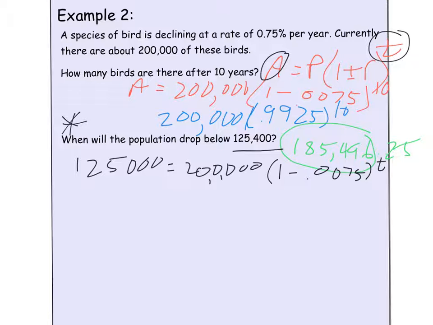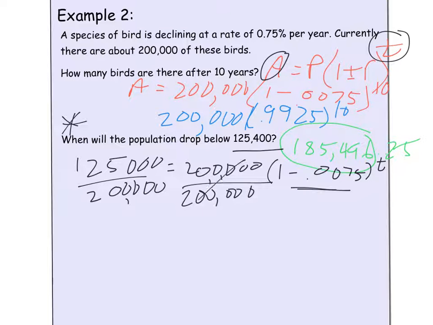So, can I multiply 200,000 times this decimal, or should I divide both sides by 200,000 first? Thank you. So, let's divide both sides by 200,000. These cancel out.